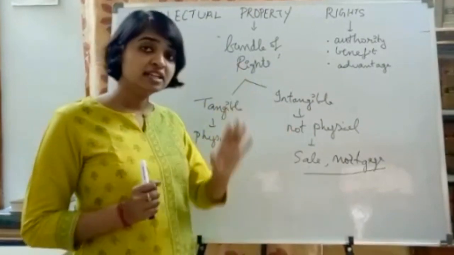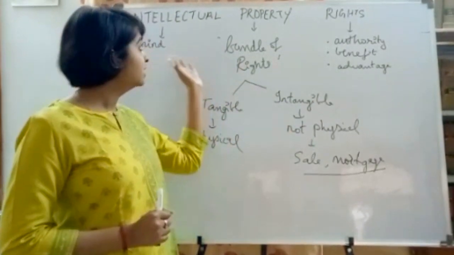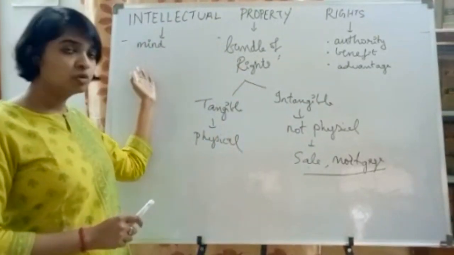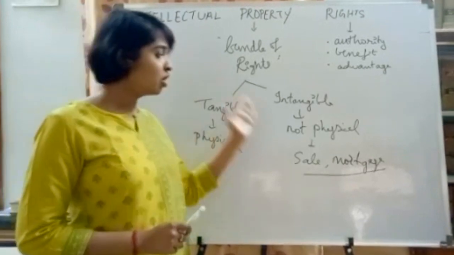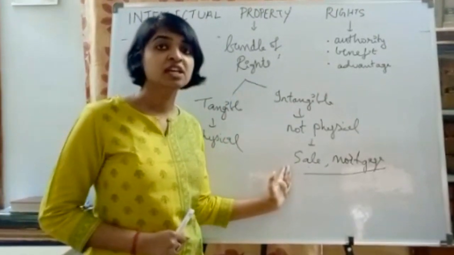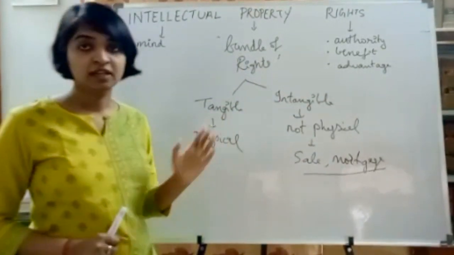So since it is used in such a manner, it is known as intellectual property. Any property which has application of human mind and which is not there physically but it is used for sale or mortgage, then it is known as intellectual property.